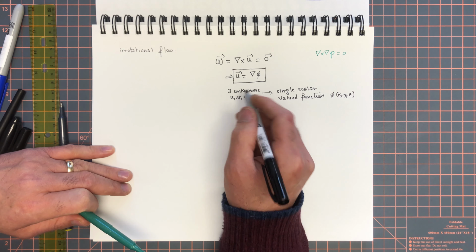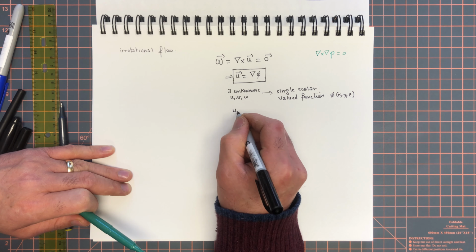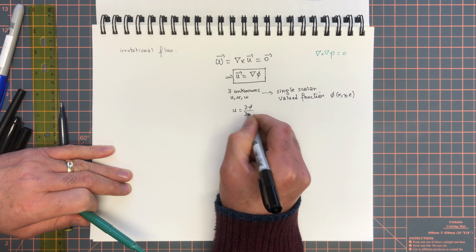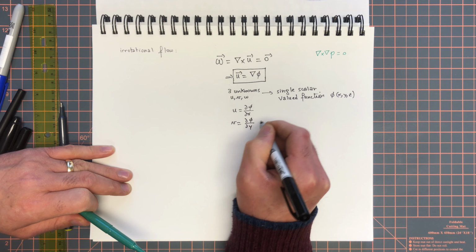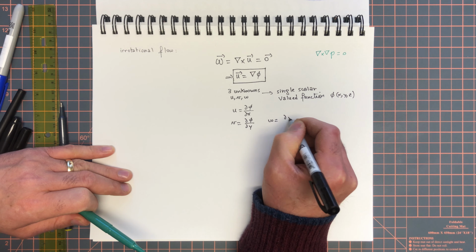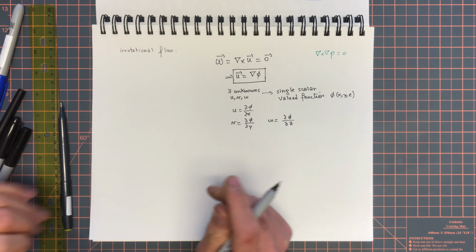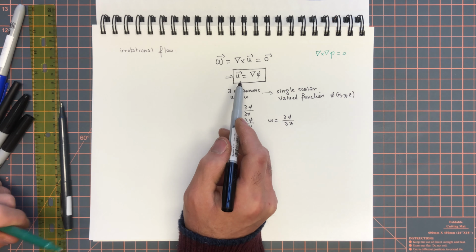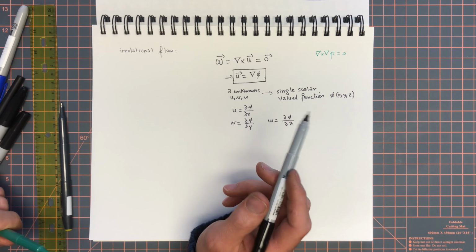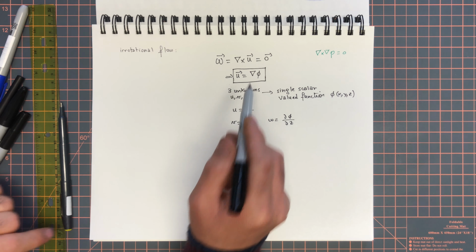And u is given by grad phi, so u is equal to d phi by dx in Cartesian coordinates, v is equal to d phi by dy, and w is equal to d phi by dz. This is pretty powerful.